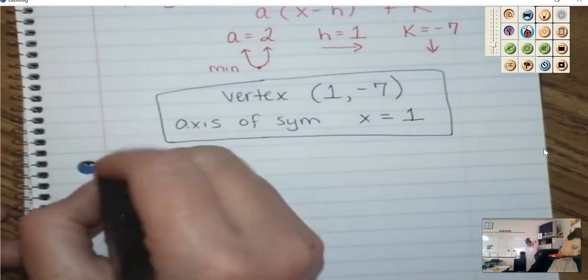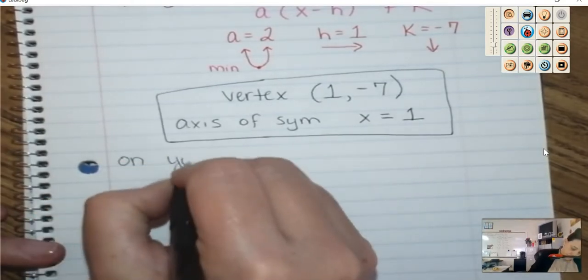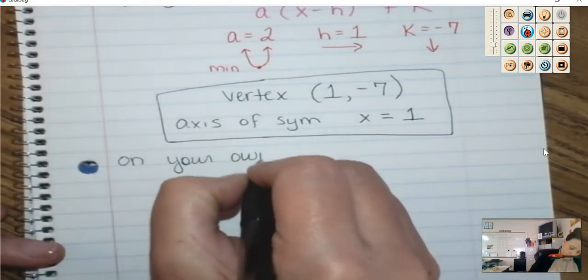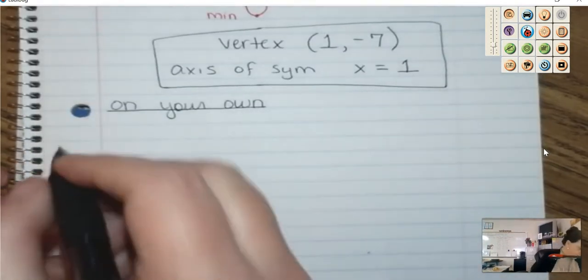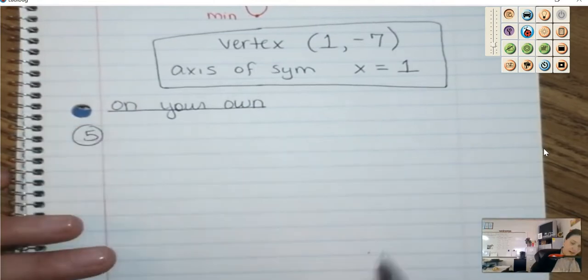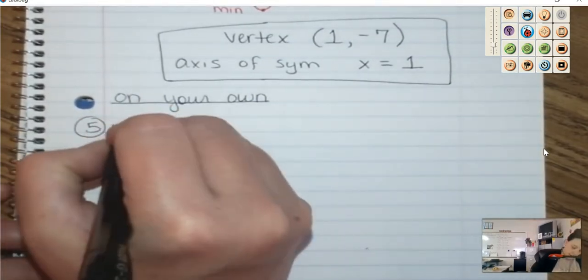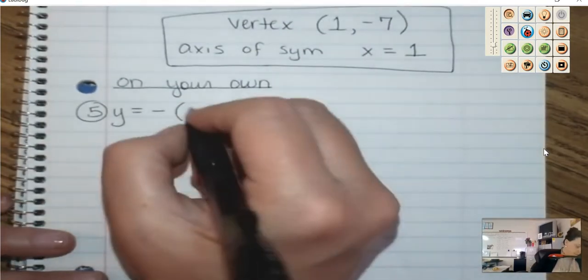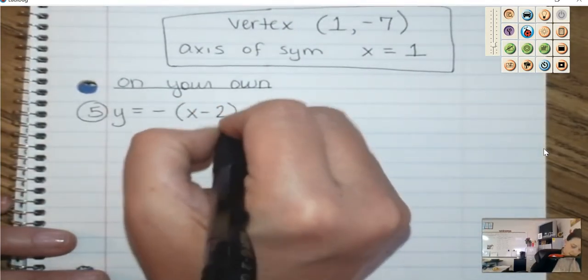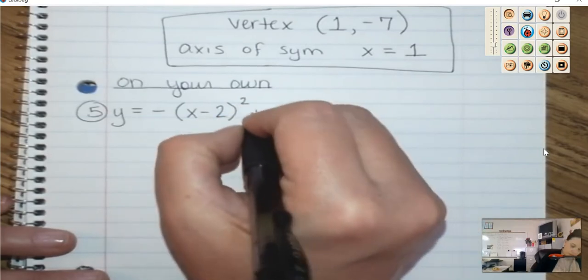Okay, you're going to do 2 more for today. These ones you can work on with friends, so if you want to move around. I want to know what's the vertex and the axis of symmetry. So question 5, y equals negative (x minus 2) squared plus 4.